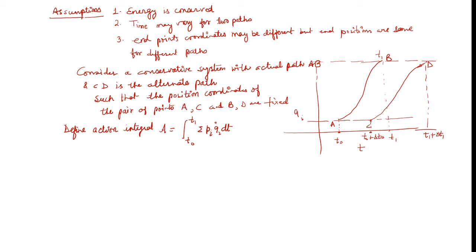Now we know that the Hamiltonian H is defined as sigma Pi Qi dot minus L. So I may substitute the value of this from relation 2, and A becomes the integral from t0 to t1 of H plus L dt. Expand it, write it as the sum of two integrals.